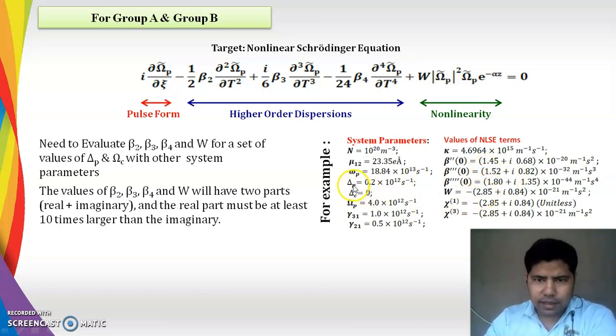These terms appear at the point of delta p equal to minus 0.2 into 10 to the 12. We will change delta p, and then the values of the nonlinear Schrodinger equation terms will change. Then we have to confirm at what point these two will be opposite in nature.